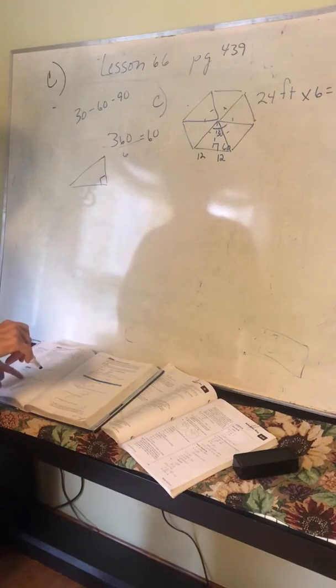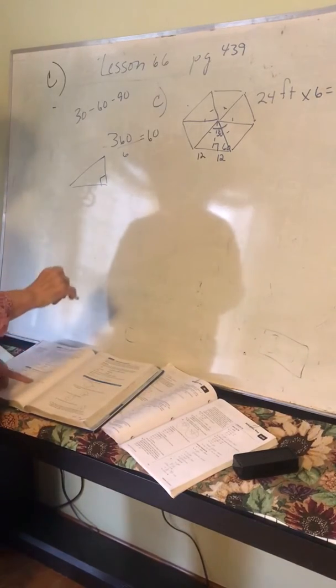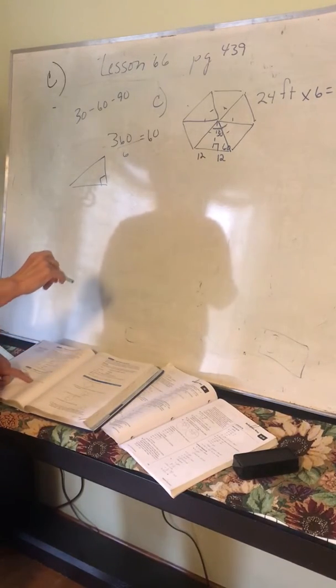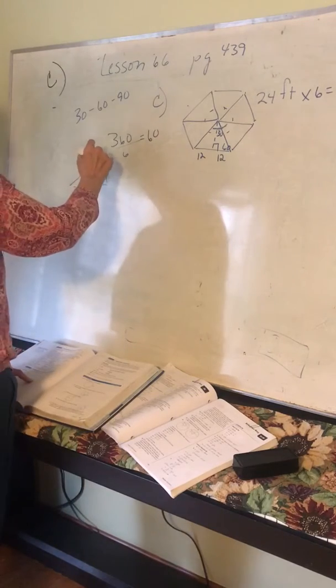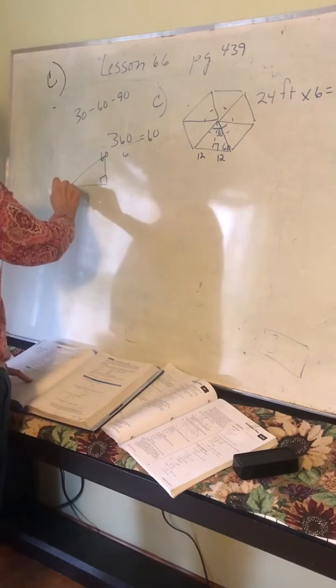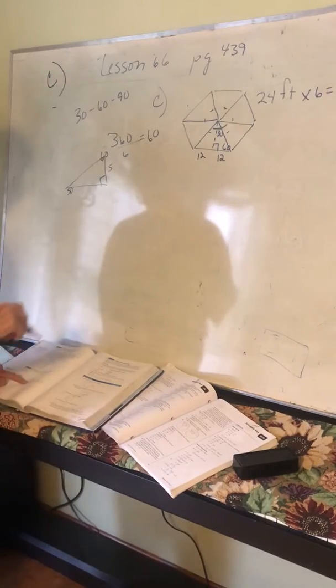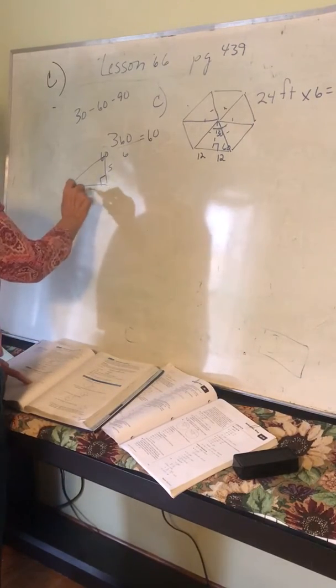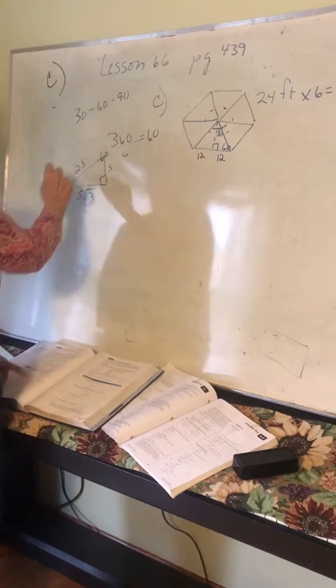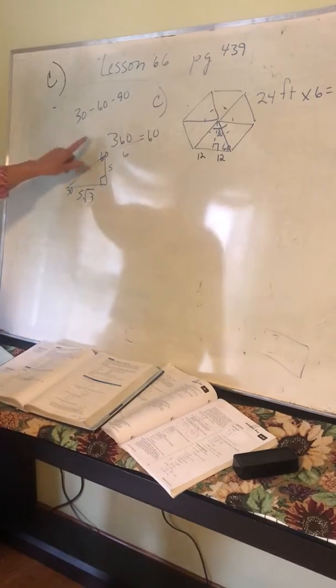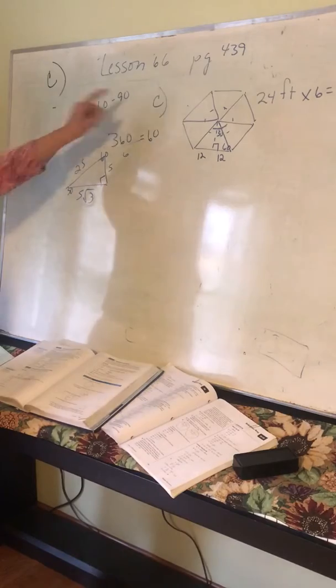So the 60 is up here, 30 is here, and we know this is the side. This is the side square root of 3, and this is 2 times this side. So this is the typical format of a 30, 60, 90 degree.